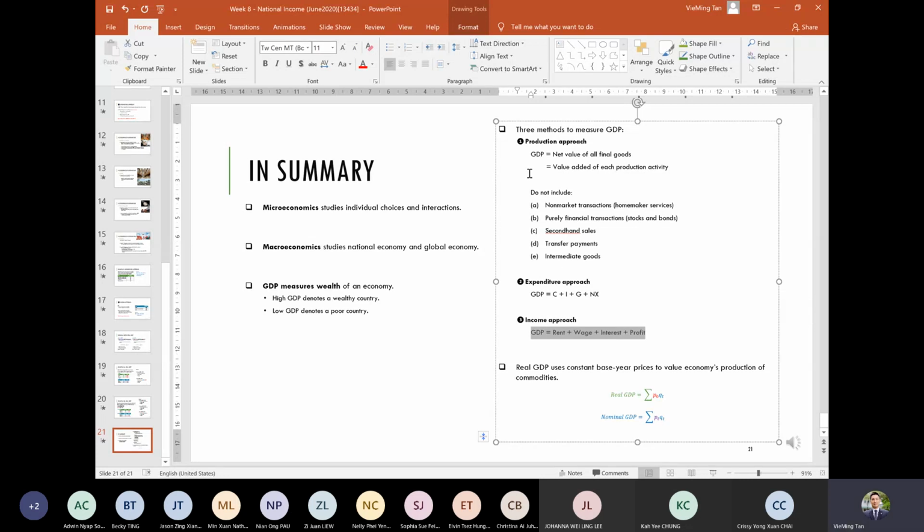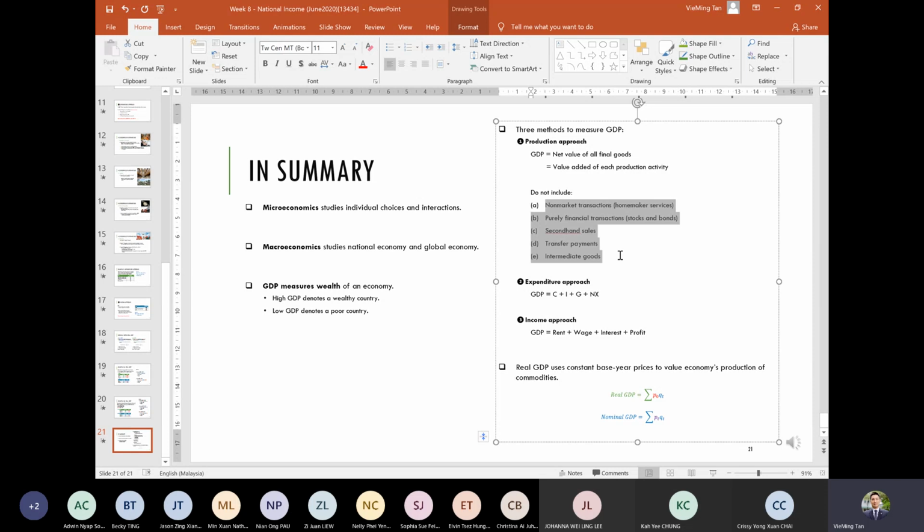Okay. For the output approach, you should only include the value of the final goods. The production approach only focuses on the value of final goods. Intermediate goods should not be included in the GDP calculation for the production approach. And some other goods or transactions of business also cannot be included.